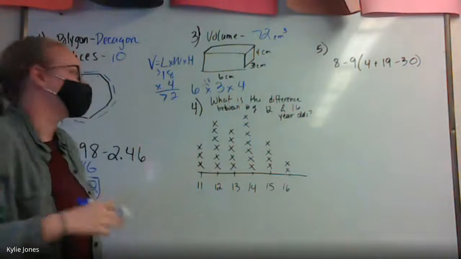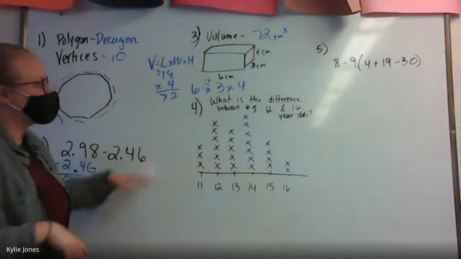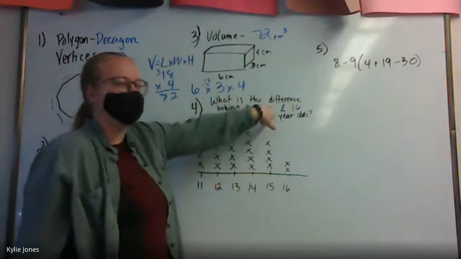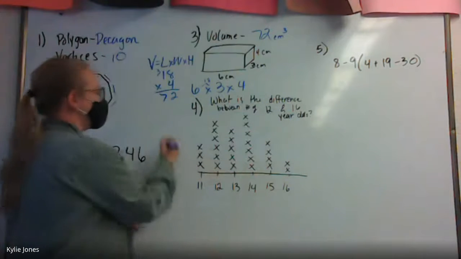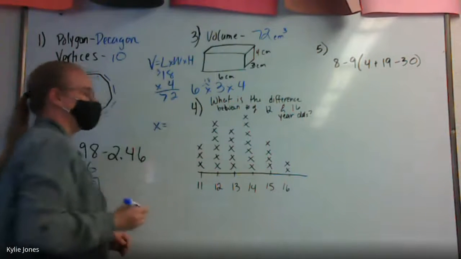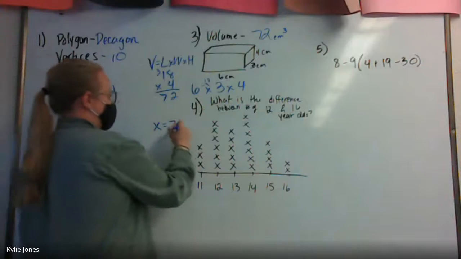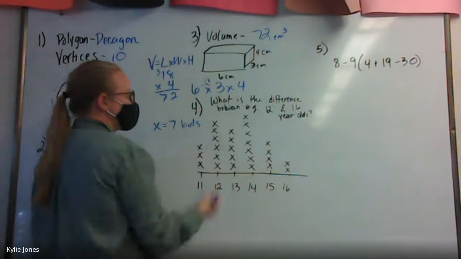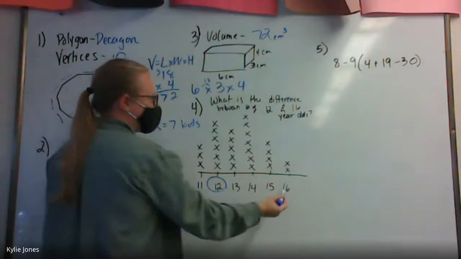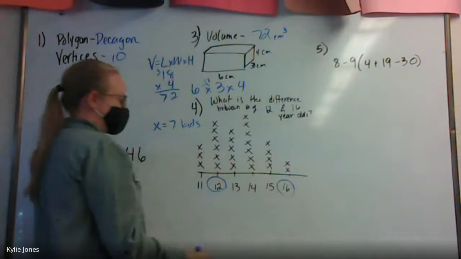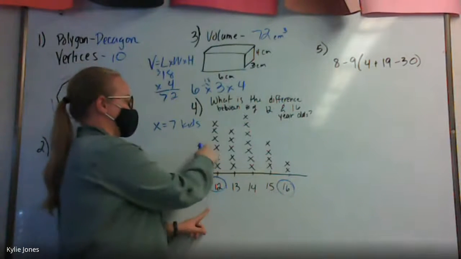Either one works. Number 4, what's the difference between the number of 12-year-olds and the number of 16-year-olds? They also said that each X represents how many kids? 7 kids. Okay, so we need to look at 12-year-olds, 16-year-olds. So how many 12-year-olds are there?